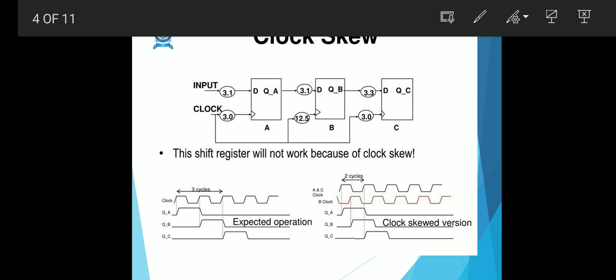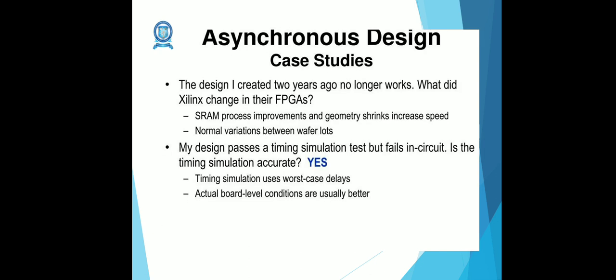Clock skew is a temporal difference between the arrival of the same edge of the clock signal at the capture and launch flops. This difference in the time interval of the clock signal at two different registers can be caused by path length differences between two clock paths, either gated or rippled clocks. So this shift register will not work because of this clock skew.